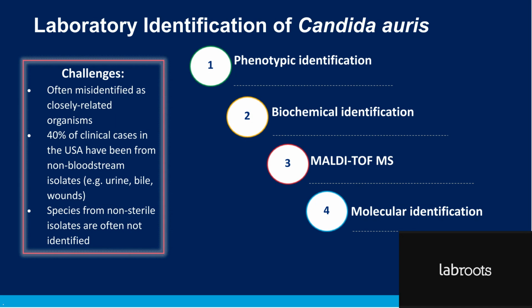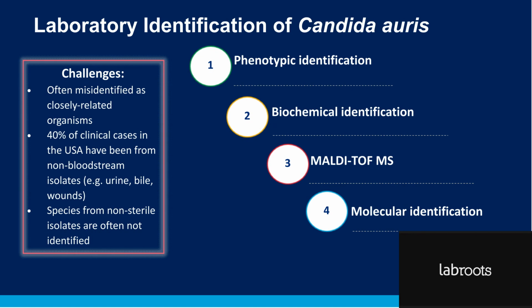The challenges have been that because Candida auris is so closely related to other types of Candidas, it has been misidentified as those. And the other challenge is that it is not common practice in the laboratory to speciate all Candidas unless they are identified in infections from sterile sites. About 40% of clinical cases are not from the blood, but are, for example, from urine and bile.